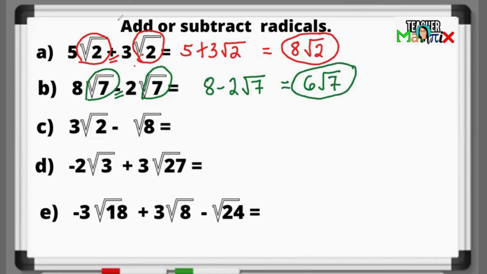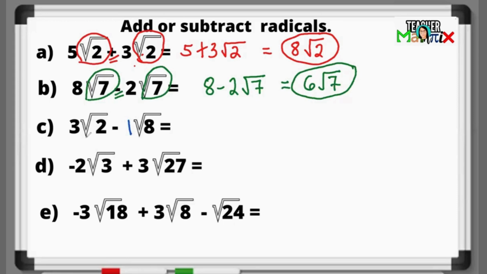Now let's proceed with the problem in letter C. We have 3 square root of 2 minus square root of 8. It is understood that the numerical coefficient here is 1, but no need to put it because that's understandable.